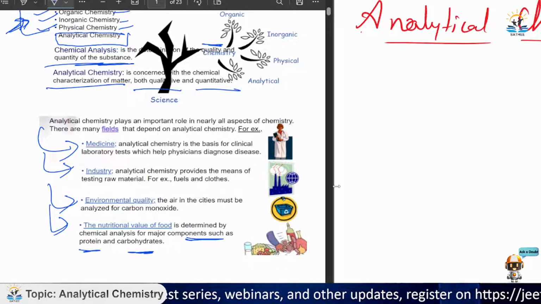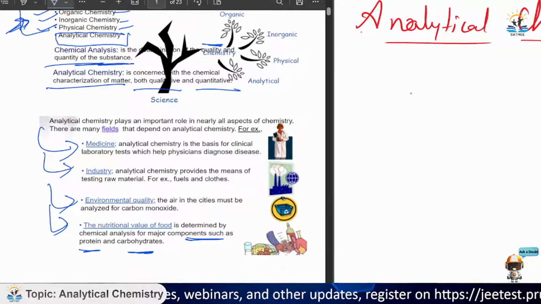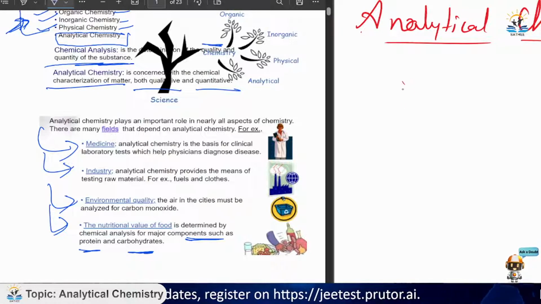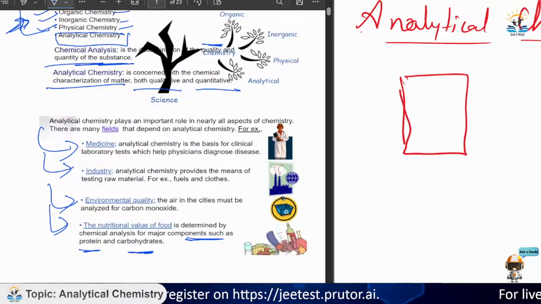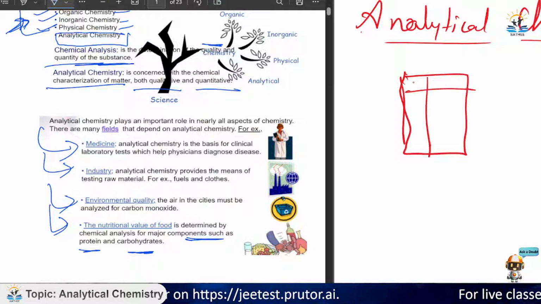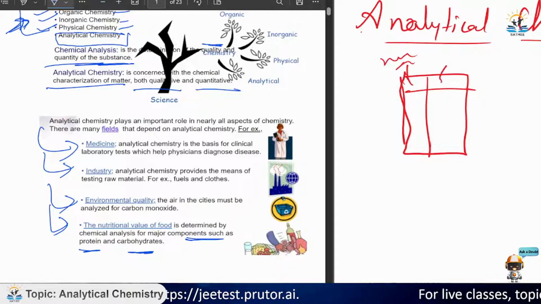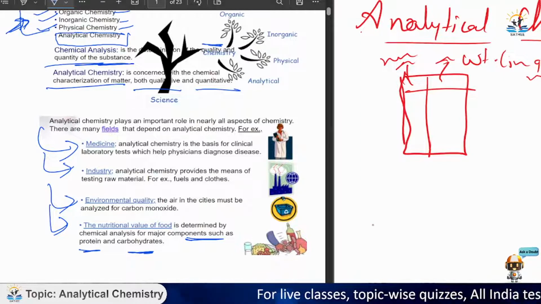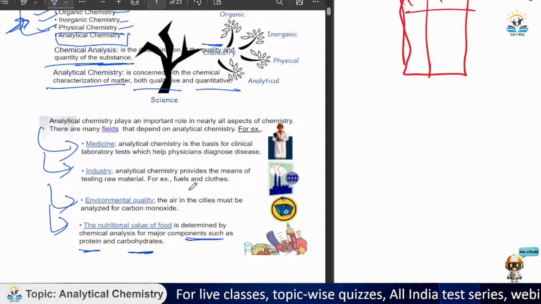You have noticed in protein bars, or let's take a simple example of a Dairy Milk chocolate, at the wrapper package there is a table containing the nutrition value, and how much it weighs in grams or milligrams. So you have seen that. That type of table also shows us the analytical part of that substance.